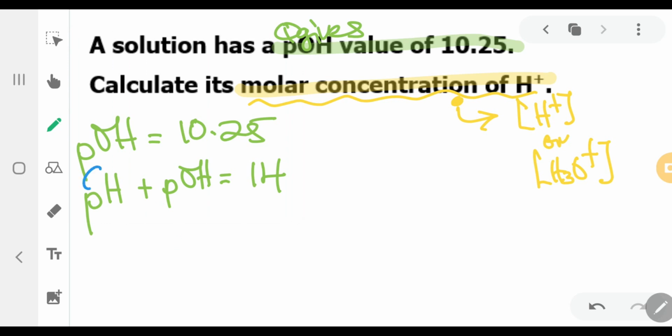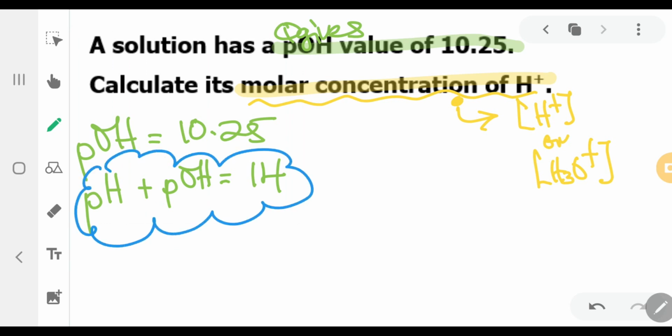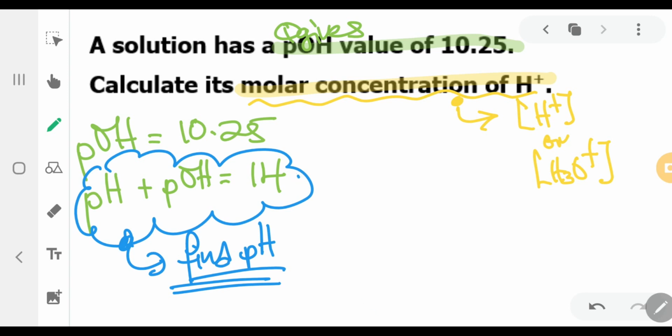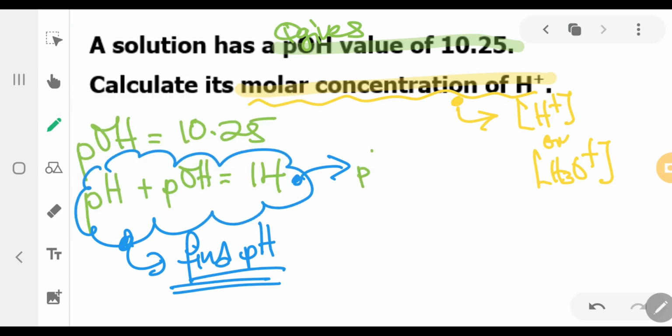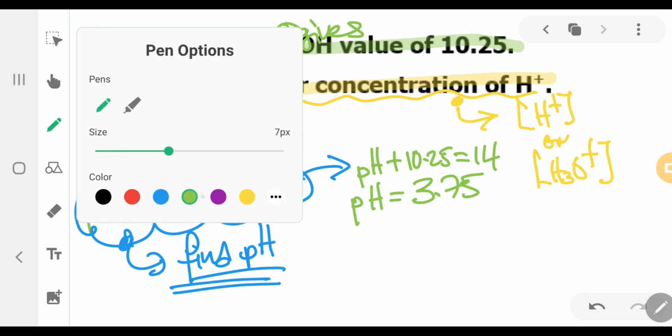Okay, so we're gonna use this to find the pH. So pH plus 10.25 equals to 14. Then you get 3.75.